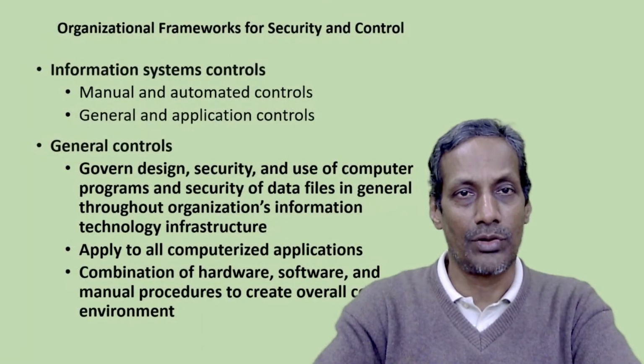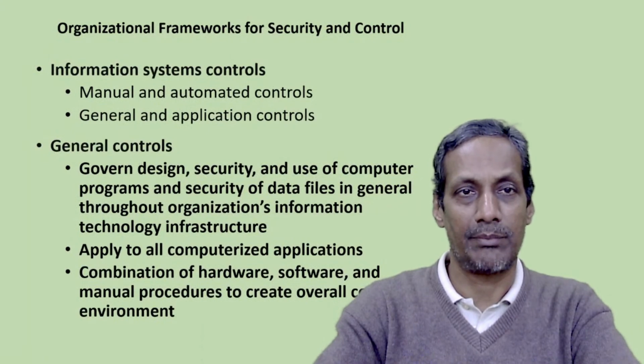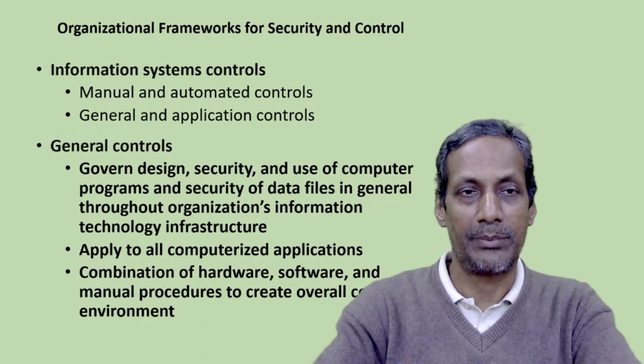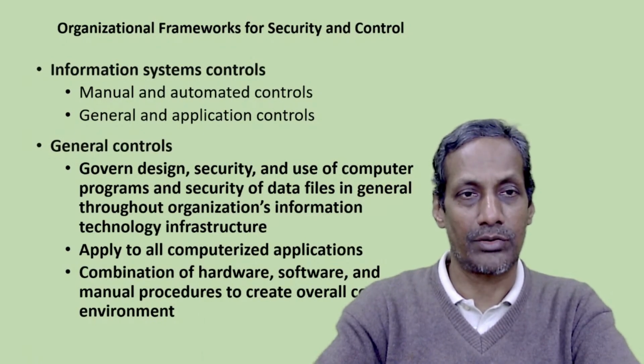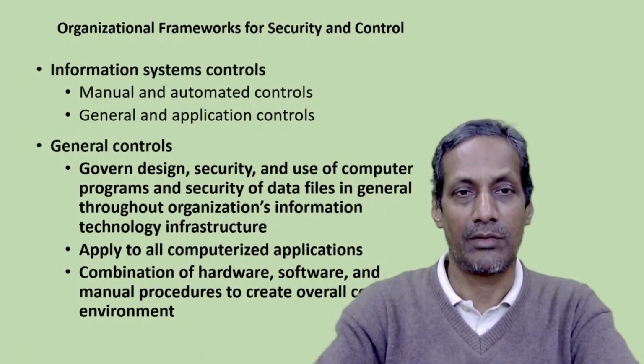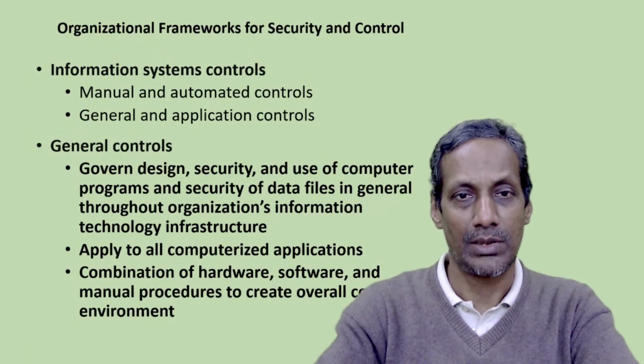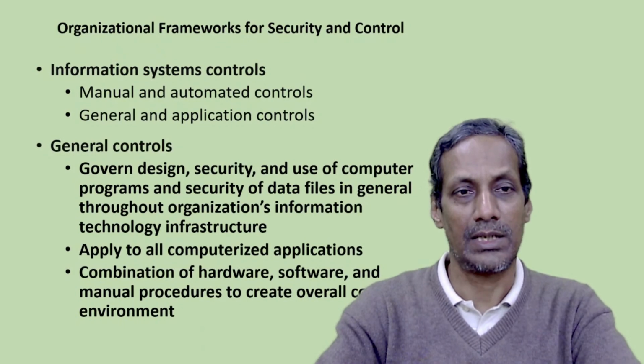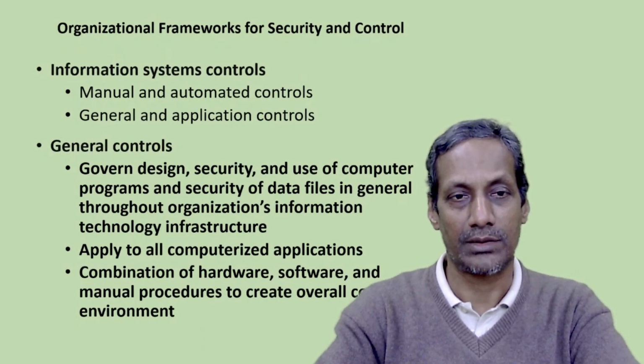Information systems controls can be the manual system controls or the automated controls. They may be general controls or application controls. General controls govern design, security, and use of computer programs and security of data files in general throughout the organization's information technology infrastructure.